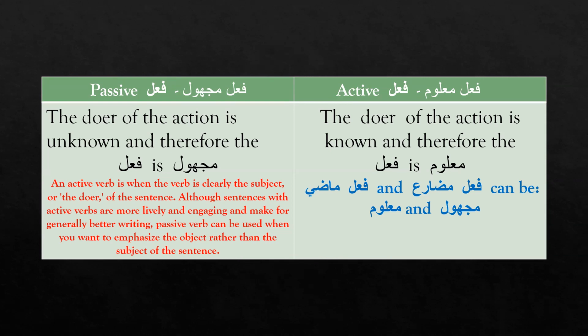A fi'l can be ma'lum in fi'l madi and fi'l mudari. A madi fi'l can be ma'lum, and a mudari fi'l can be ma'lum, when the doer is known.